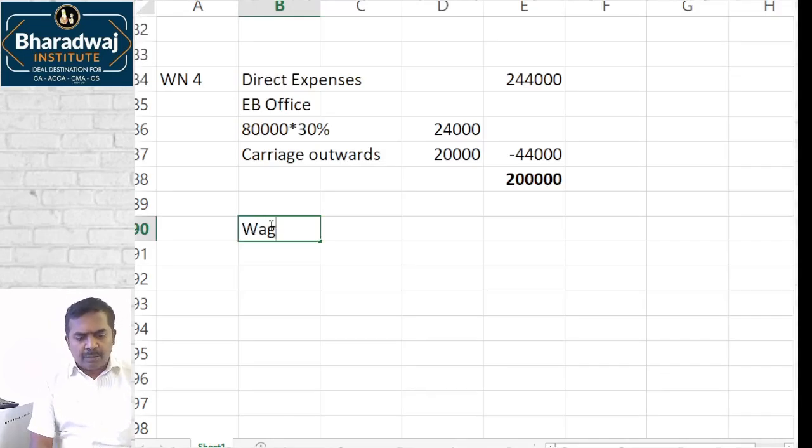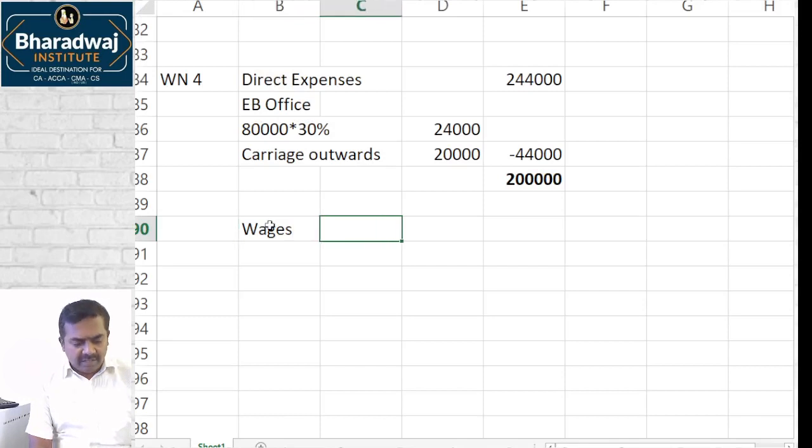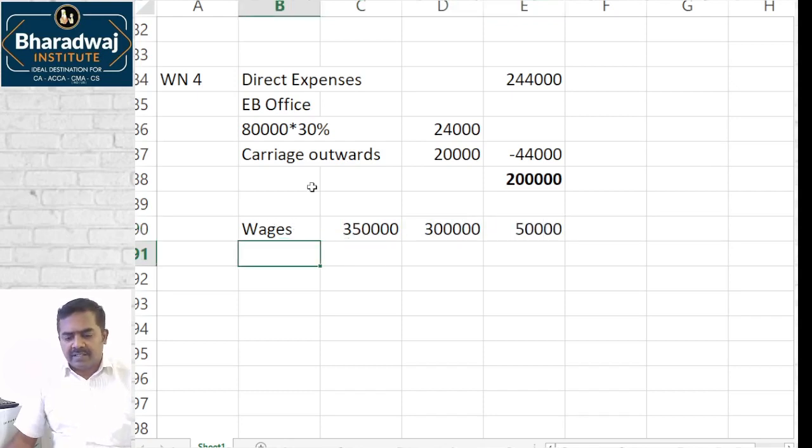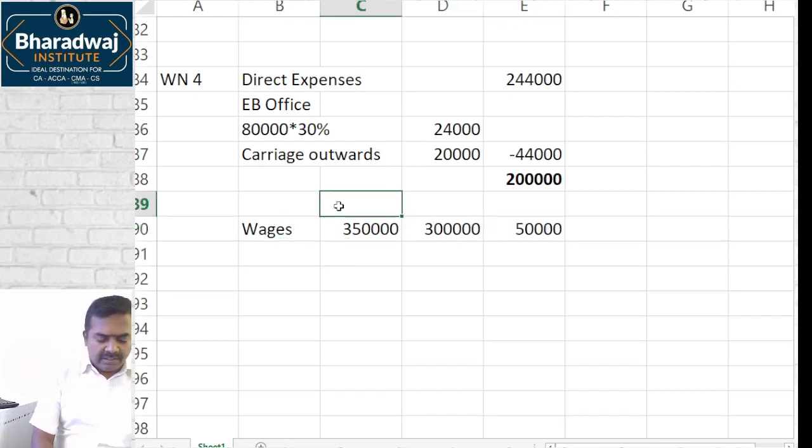Now let me reconcile. How much wages have they put? 3,50,000. But only 3 lakhs should be included, so 50,000 is not to be included in wages. Similarly, direct expenses: 2,44,000 has been put in the manufacturing account.